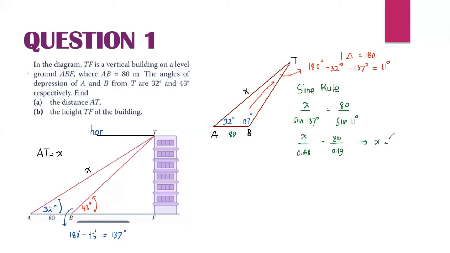So we can find the answer by cross multiplication: 80 times 0.68 divided by 0.19. So we got x is 286.32 meters. Okay, that's very easy, right? By using the sine rule here.